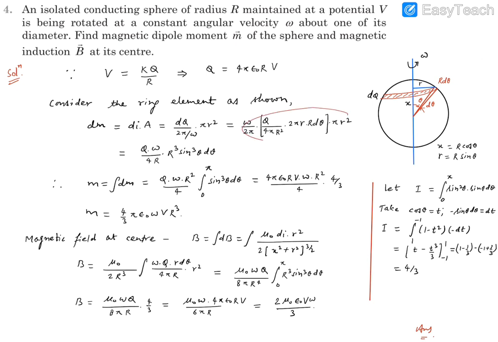Now when you simplify this, some terms will get cancelled, like 2 pi, 1 more pi, and 1 R will get cancelled. So the remaining terms are going to be q omega, and you will find there is going to be 4R in the denominator. Furthermore, you will find a small r cube and d theta.